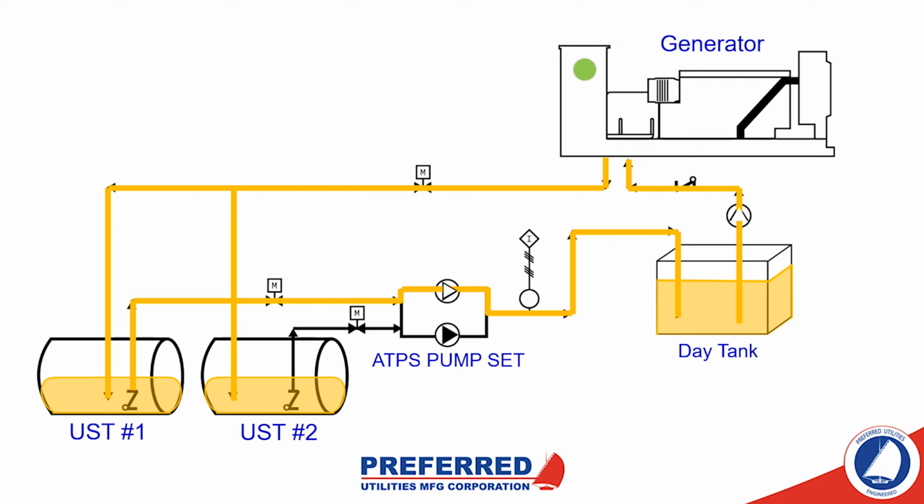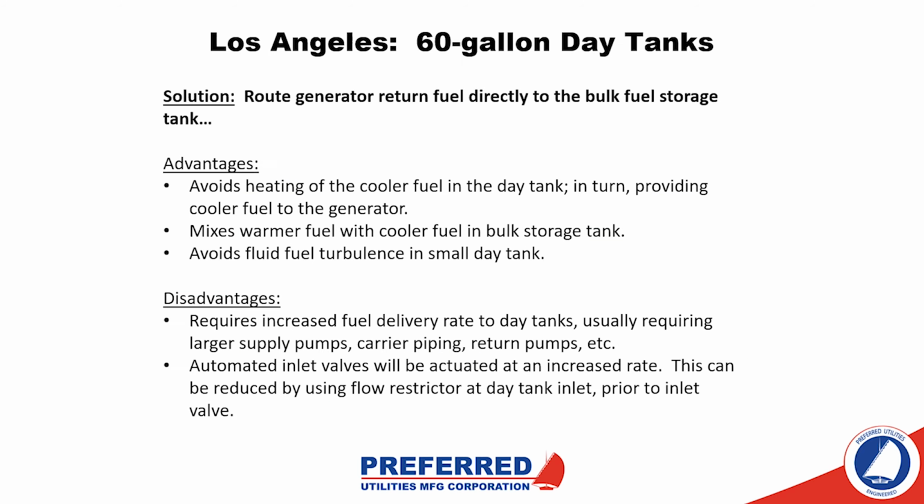The catch on this system is, should we go down this road and decide to reconfigure the piping in this manner, we need to keep in mind that now we are pushing fuel through the system at the generator flow rate rather than the generator engine consumption rate. The flow rate can often be 3 times higher.